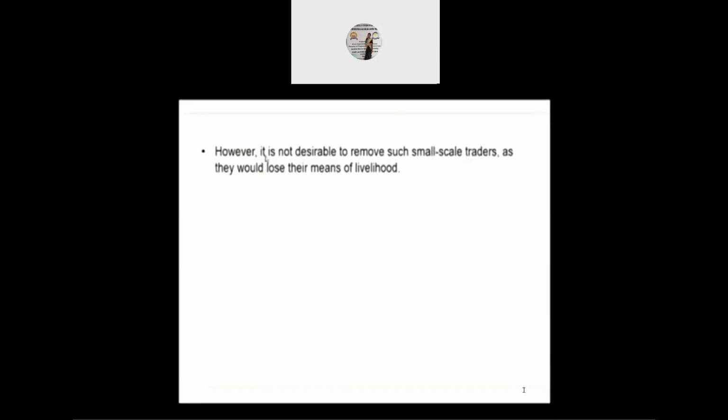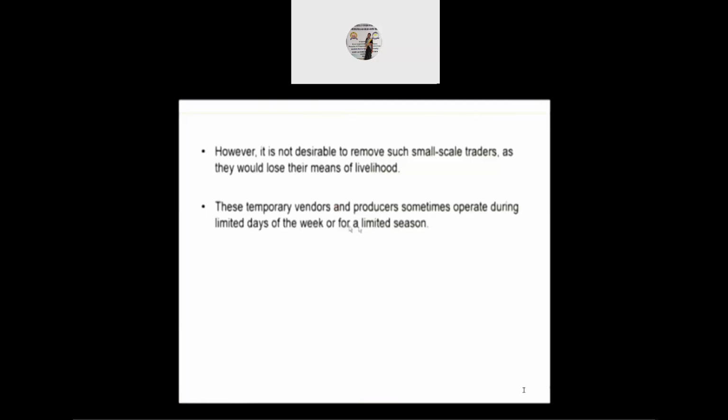However, it is not desirable to remove such small scale traders, as they would lose their means of livelihood. So we cannot completely remove them, because even their livelihood is dependent on the small trading they are doing. These temporary vendors and producers sometimes operate during limited days of the week or limited seasons.